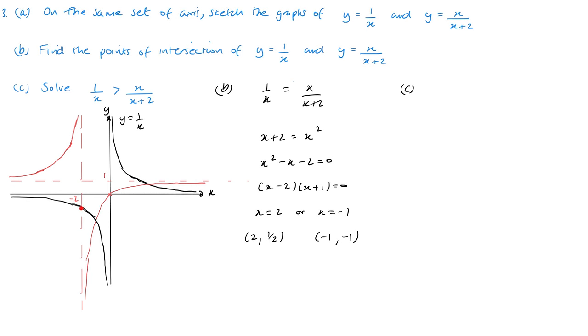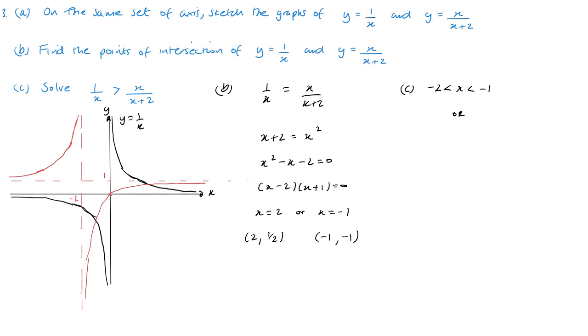Now, from -2 to the point of intersection, the black graph is above it. So from -2 to -1, okay, at that point of intersection, so that is one region where it's going to be above.